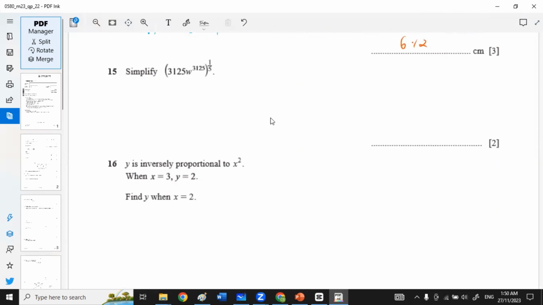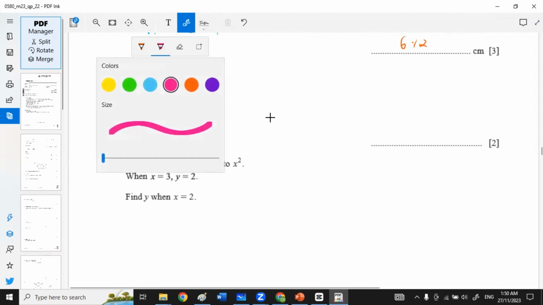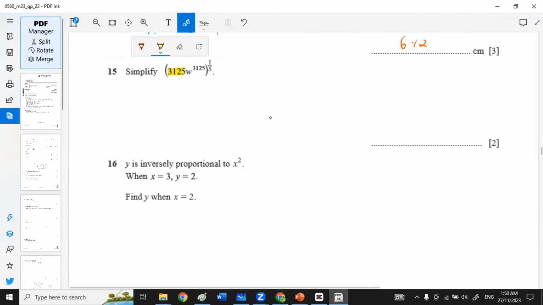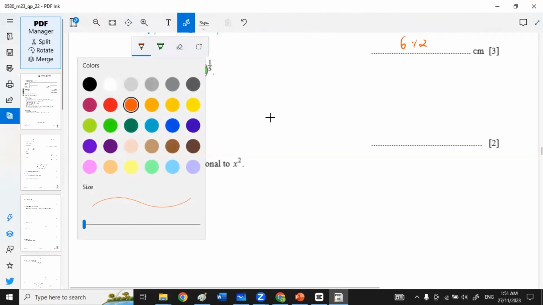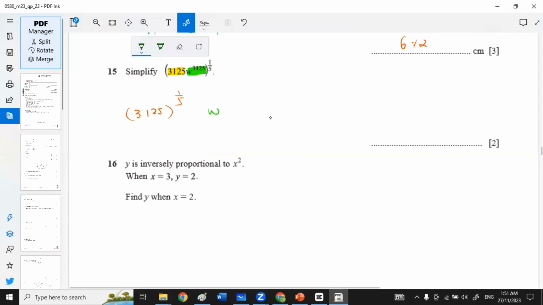Number 15. Simplify. Okay, indices. Therefore you just split: one is the number, and the other one is the unknown. It gets easier. 3125 to the power of 1 over 5, and w to the power 3125 to the power 1 over 5.